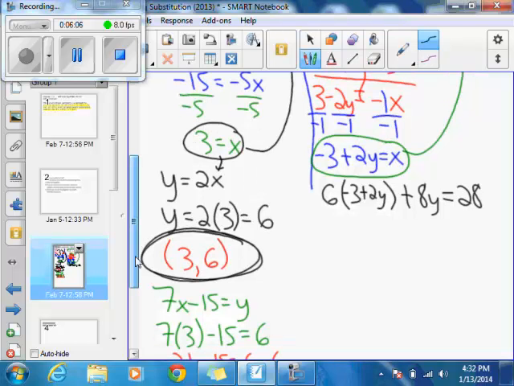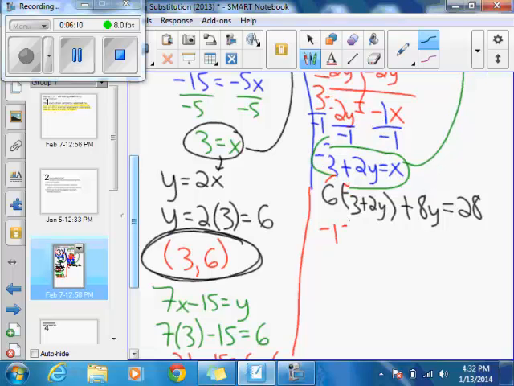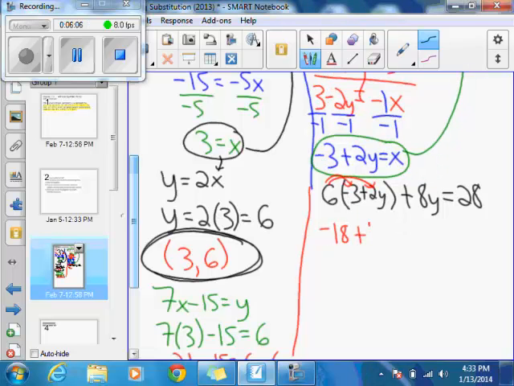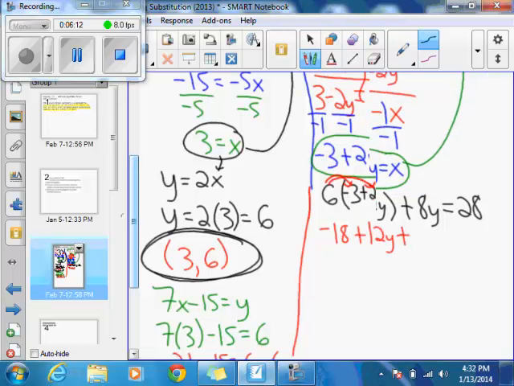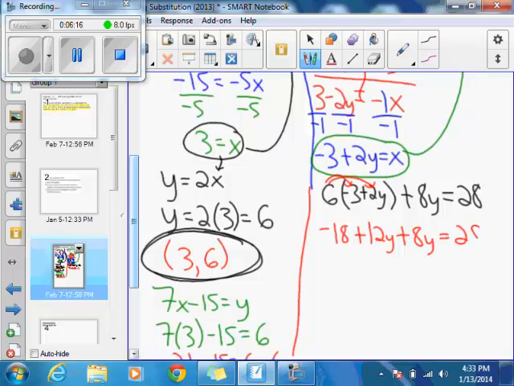All right, let's solve. We're going to distribute. So we get negative 18 plus 12y plus 8y equals 28. And then we are going to combine like terms. So we get negative 18 plus 20y equals 28. Add 18.